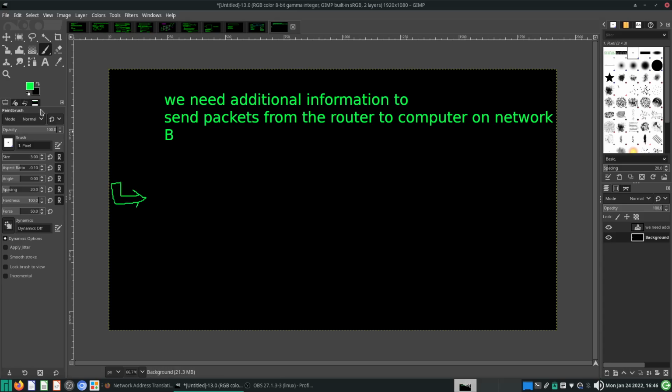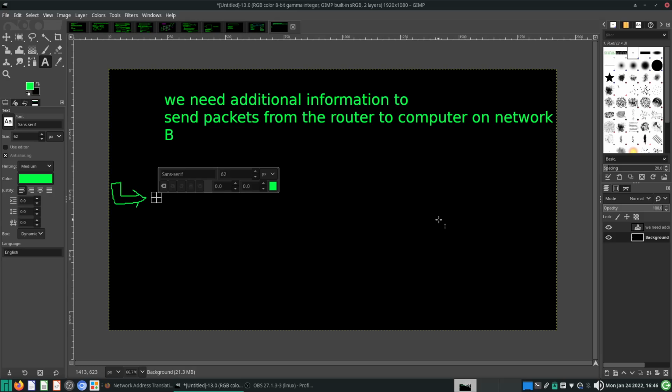What is usually done is that the additional piece of information is something called the port number.